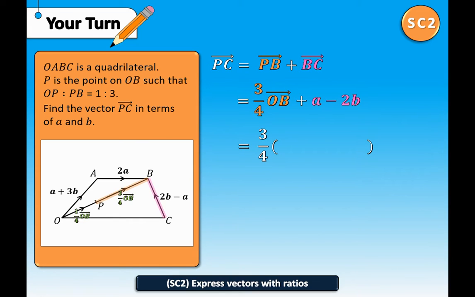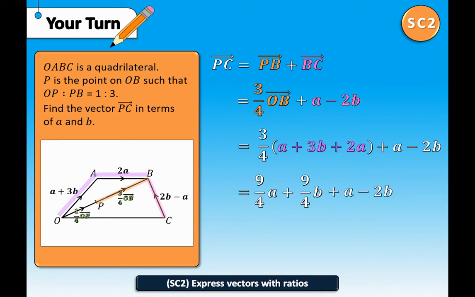So we need to work out what O to B is. So to go from O to B, we can go from O to A, and then from A to B. So we simplify and expand the bracket, and then simplify again. So P to C is 3/4 A plus 1/4 of B.